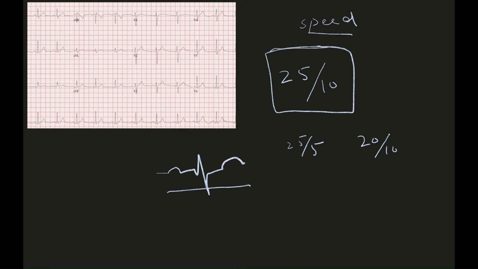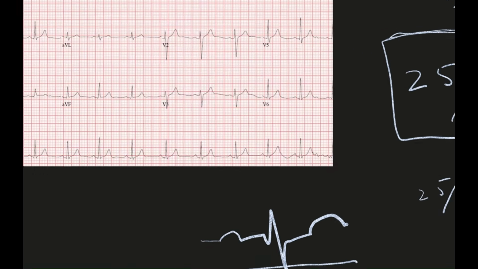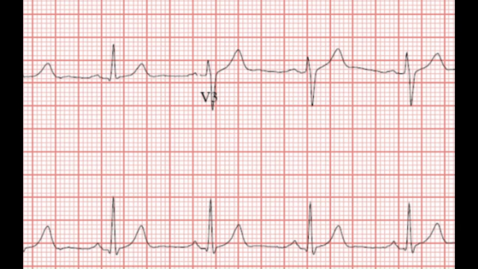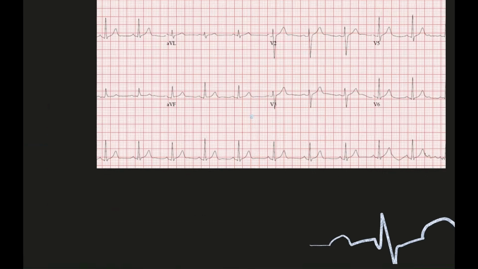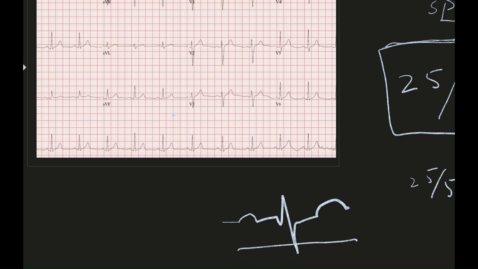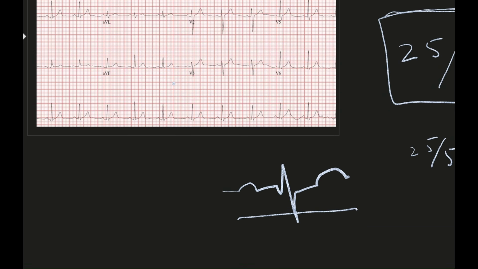Now, if I zoom in on this ECG, just look at these small squares. If I draw this one, this is a small square, the smallest one. They extend along the x-axis and the y-axis. The smallest square on an ECG on its x-axis is 0.04 seconds.